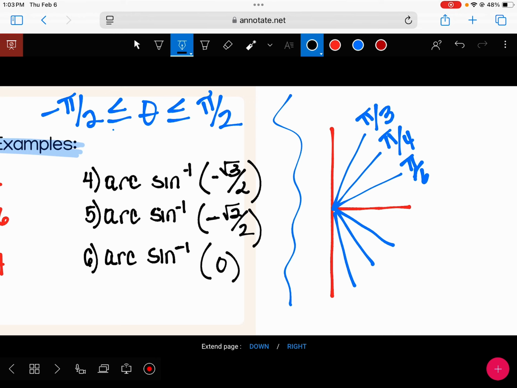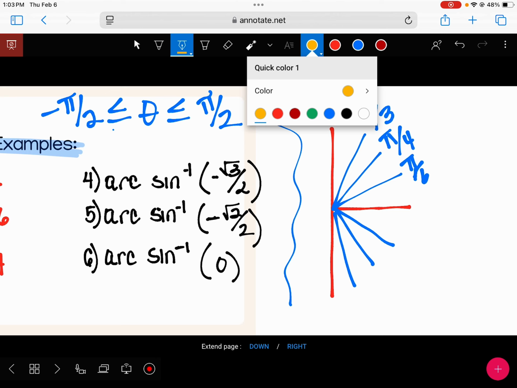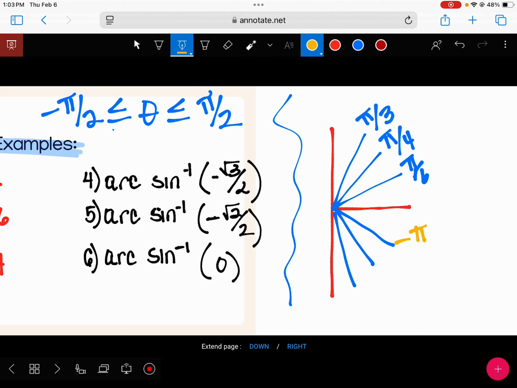So 11 pi over 6 is the same thing as negative pi over 6. And 7 pi over 4, because if you take 7 pi over 4 and you subtract 2 pi, that's the same as negative pi over 4. And 5 pi over 3, if you take 5 pi over 3 and you subtract 6 pi over 3, that's a negative pi over 3.